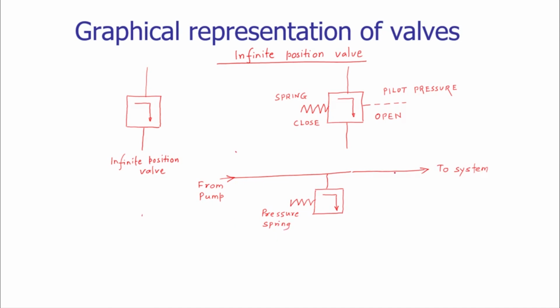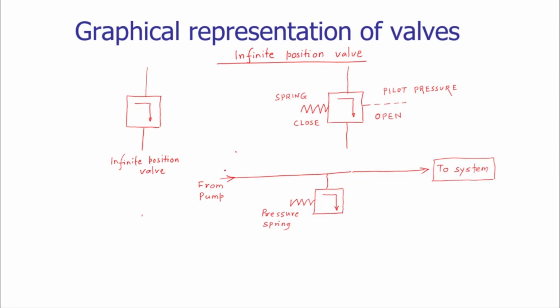But when the system pressure is increased, the load is very high, it is blocked, there is no need for the pressurized fluid from the pump continuously to the system. It is not essential. Already the pressure at the system is very high. So due to the increase in pressure at the application, at the load, at the system, we now need to relieve the pressure.